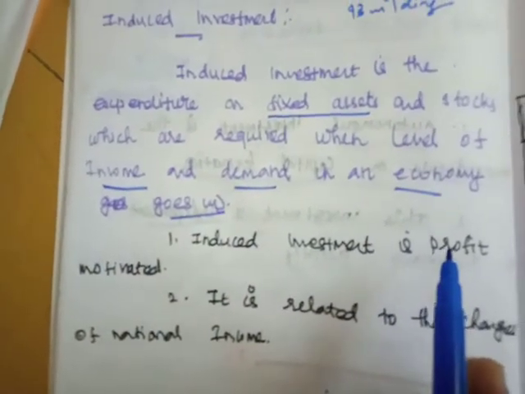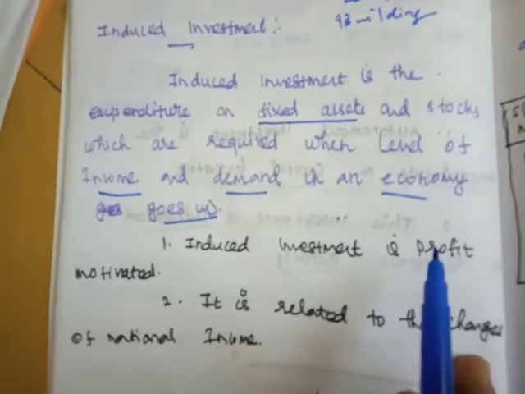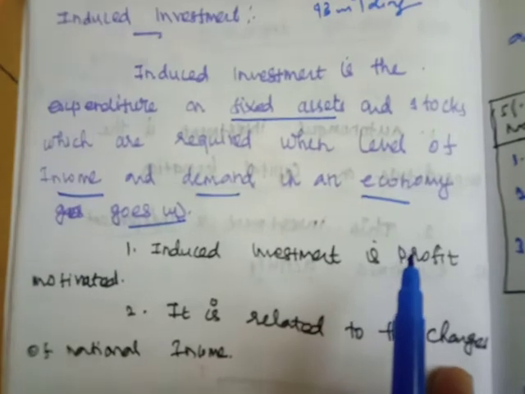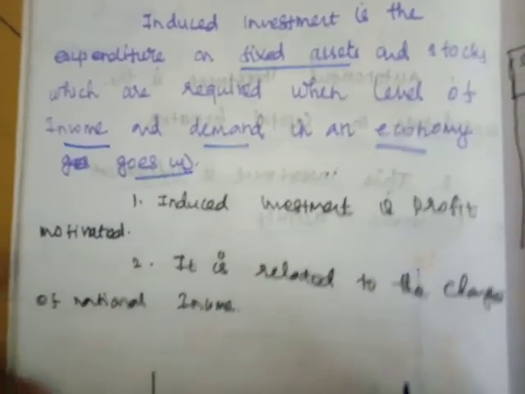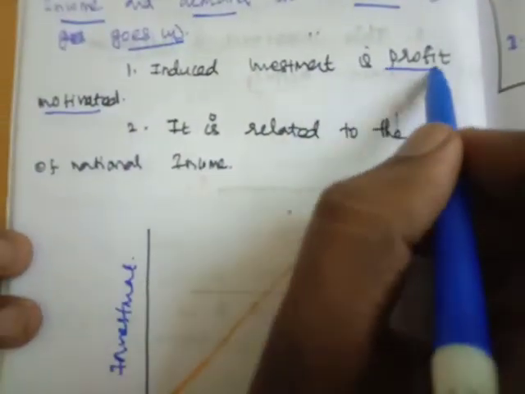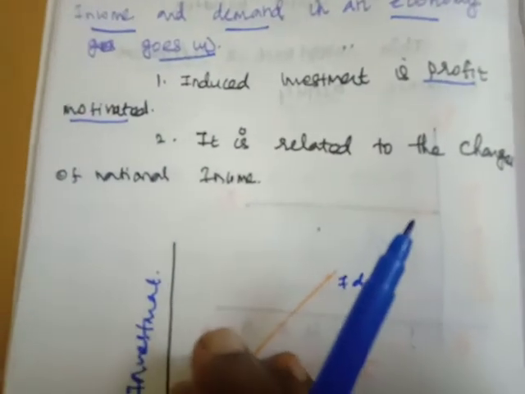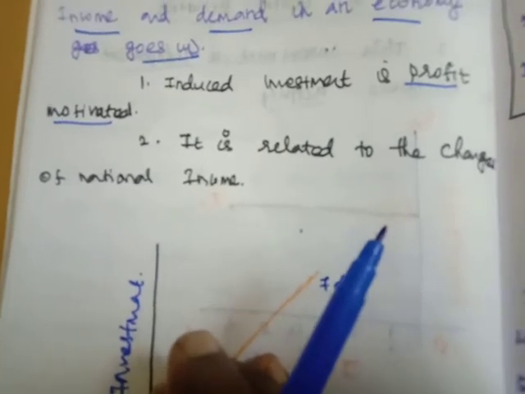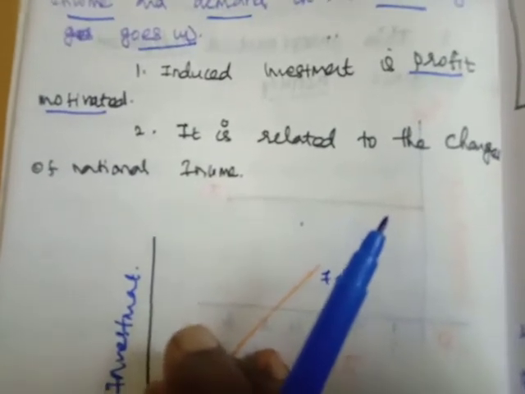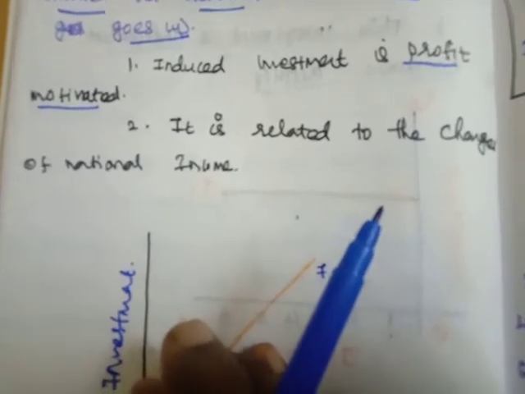When income is increasing and demand is increasing, we are induced to increase our investment in the field of fixed assets and the stock market. The induced investment is profit motivated. For example, if you are the owner of a particular company or industry, you will invest more money to construct new branches and new buildings for getting more profit.